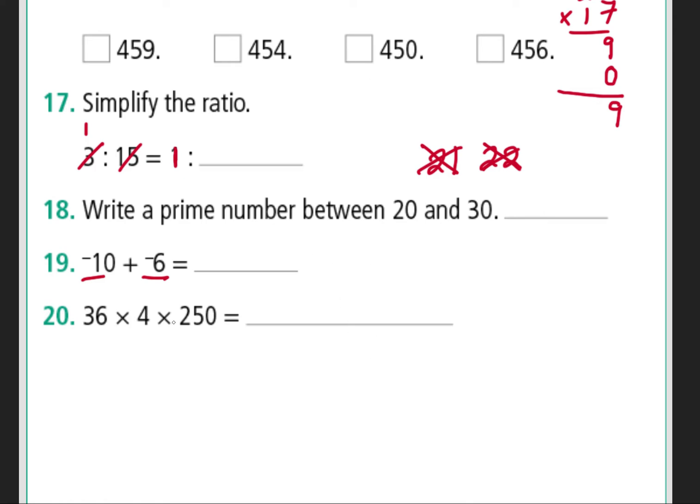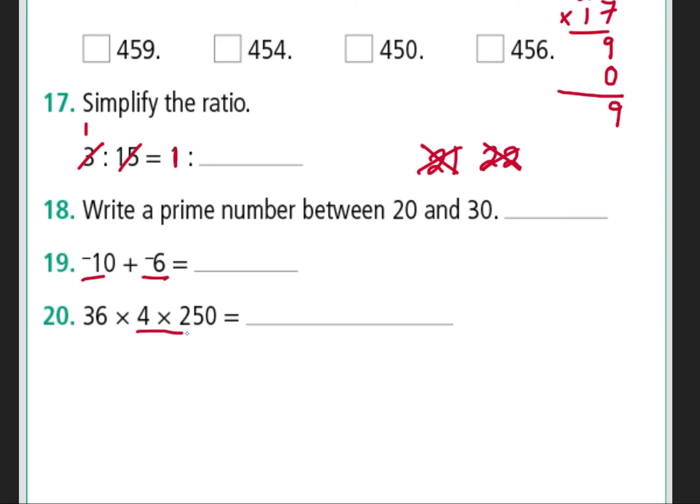And lastly, number 20, 36 multiplied by 4 multiplied by 250. Now if you rush into this, you're going to do 36 times 4, and that's quite a tricky multiplication sum. And then you're going to get that answer and multiply it by 250, and that's going to be quite difficult. But these are all multiplications, so we can do them in any order we want.